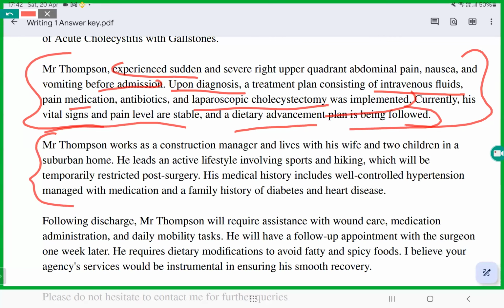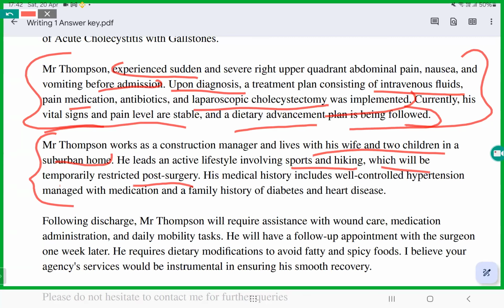Okay. After that, we have done the social history. So Mr. Thompson worked as a construction manager, lives with his wife and two children in a suburban home. Since it is a home visit, that's why we have included all these details. He leads an active lifestyle involving sport and hiking, which will be temporarily restricted post surgery. So we have already said it's irrelevant data, but you can write in this way.